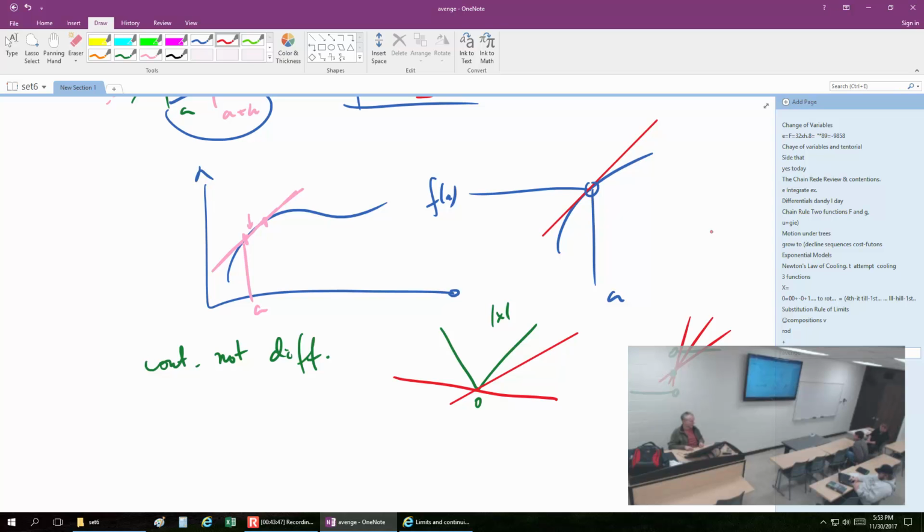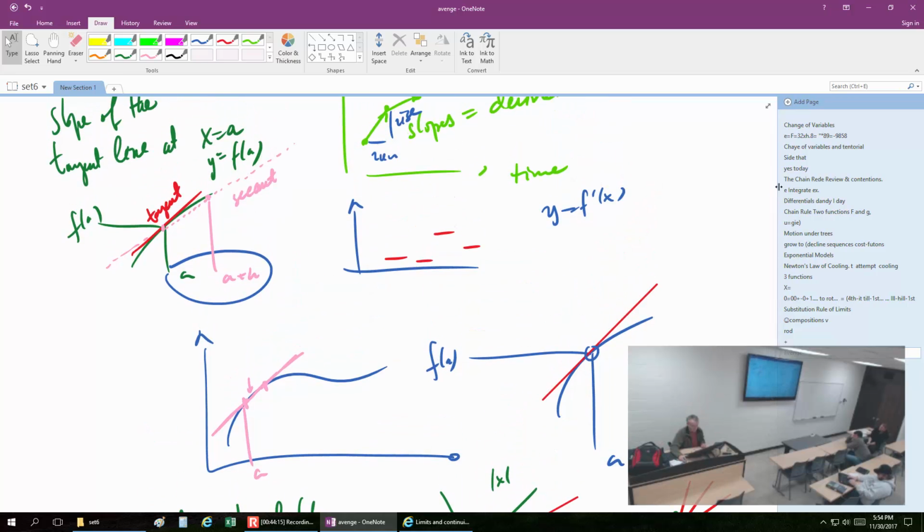Also, another typical problem for the final is to plot the derivative from the function, and vice versa. And that's where the increasing-decreasing classification comes into play. So positive derivative, increasing function; negative derivative, decreasing function; and zero derivative, maybe vertical, maybe horizontal asymptote.